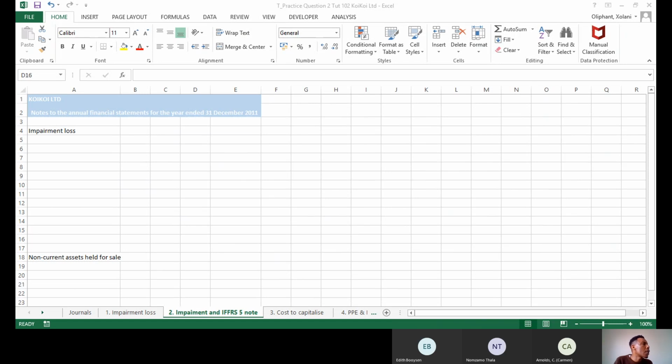We've also addressed number 4, the disclosure note in terms of IAS 38, as well as the transferring of the patent they sold into non-current assets held for sale. So we've actually done everything in here, and I think that's about it. If you guys don't have any questions, then I think I'm going to leave you at this point. Right?